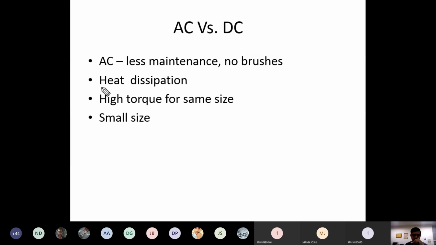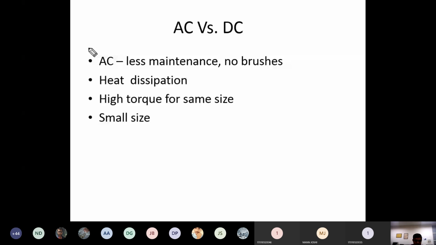Heat dissipation capacity is higher in the AC servo motor. It also gives high torque for the same size. When the torque required is very high, we use an AC servo motor, and its size is very small compared to the DC servo motor and stepper motor. That's why we prefer the AC servo motor.